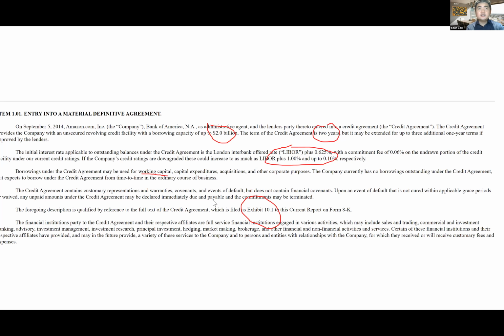I don't need you to extract exhibit 10.01 from the 8-K. However, if you really want to challenge yourself, you can do that. For the project, my expectation is, as long as you can extract this summary from the 8-K, you'll be good.